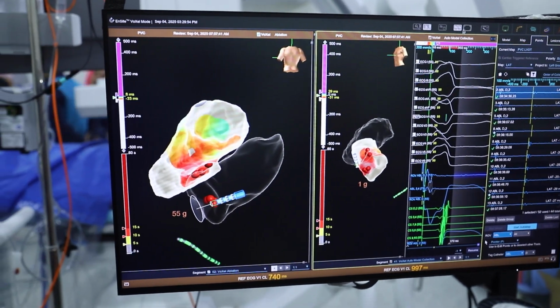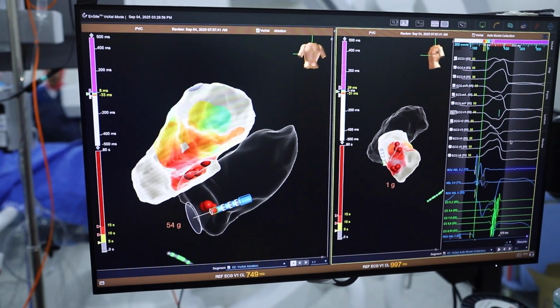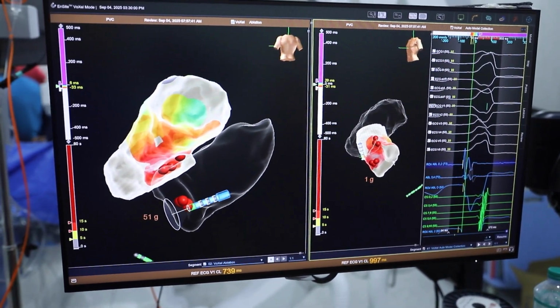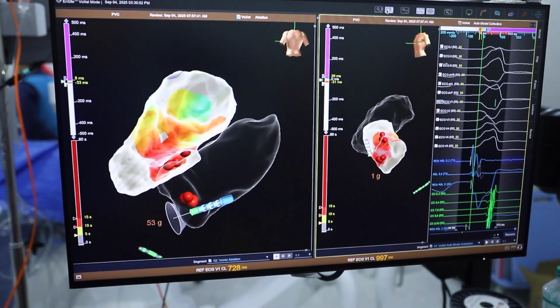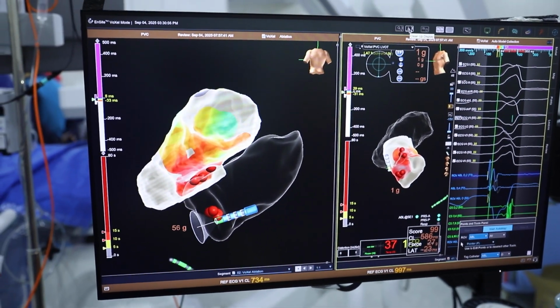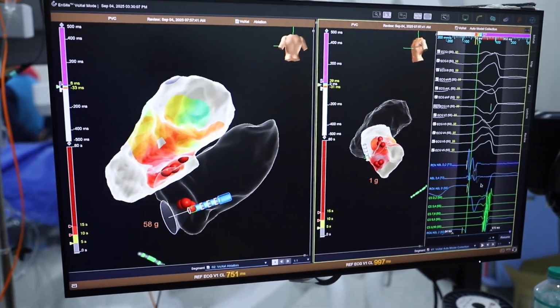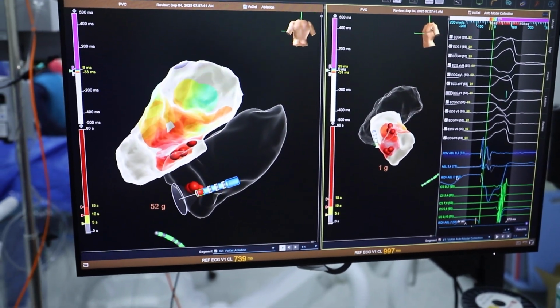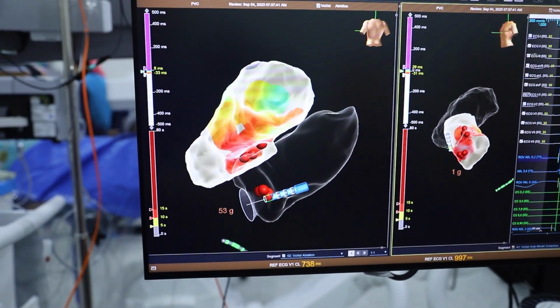This is the intracardiac signal. This is the 12-lead ECG, and this is the early point here, as you can see. This one was around 25 milliseconds early, so 25 milliseconds before the QRS complex. Is the unipolar signal okay? Yes, the unipolar signal here was negative, as you can see.